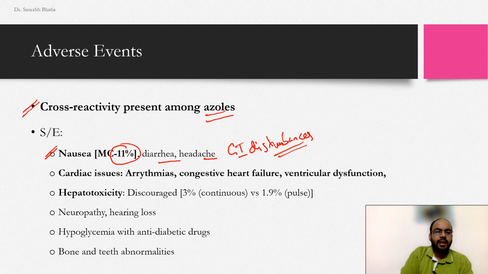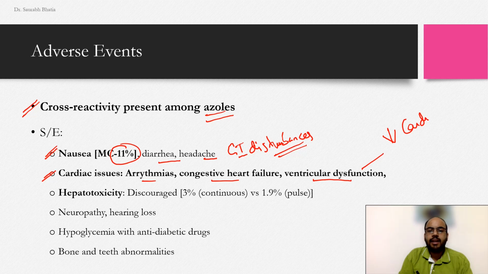Other issues are cardiac, for example, it can cause arrhythmias. It cannot be used in congestive heart failure or in patients with ventricular dysfunction. Why? Because number one, itraconazole decreases cardiac contractility. Also, it has a negative inotropic function.